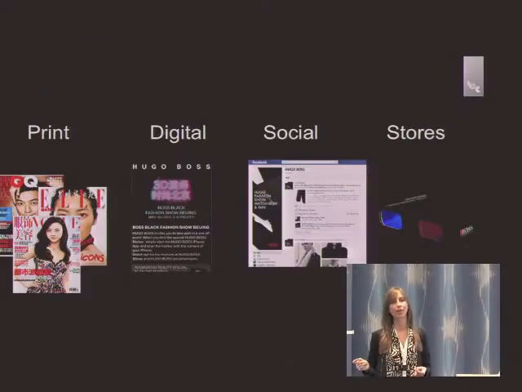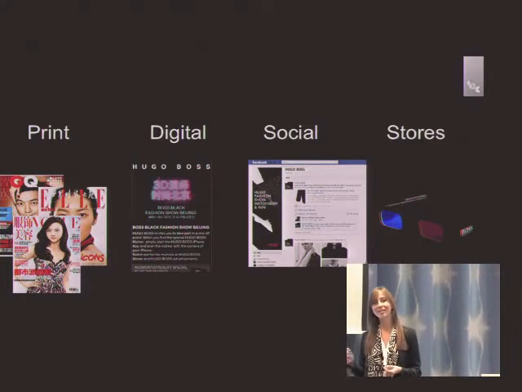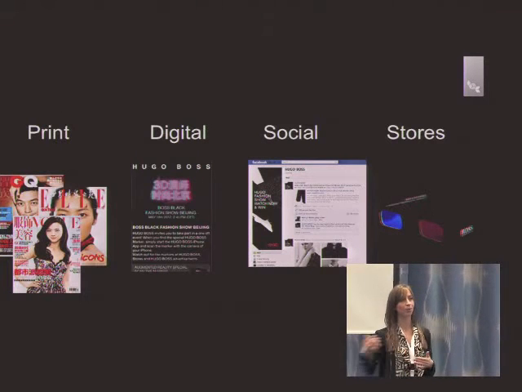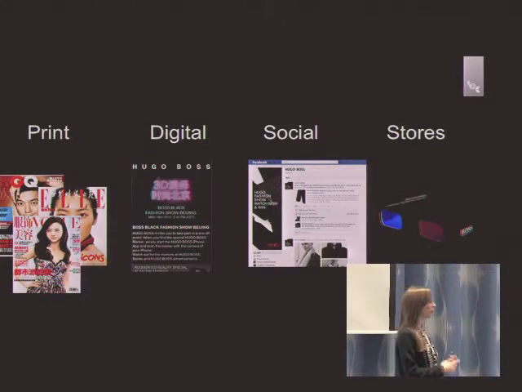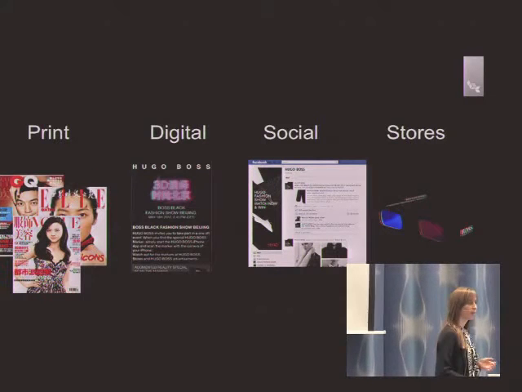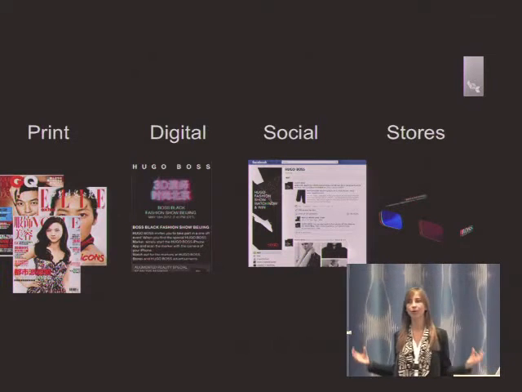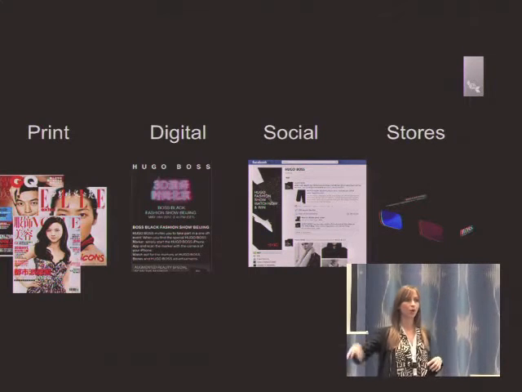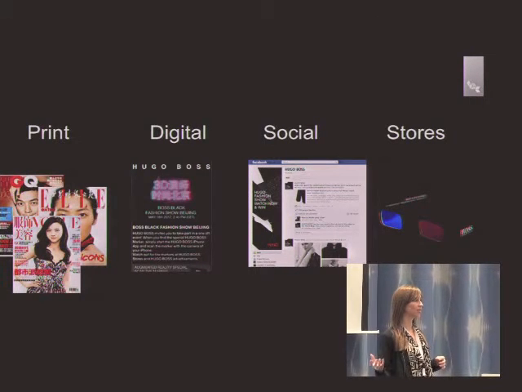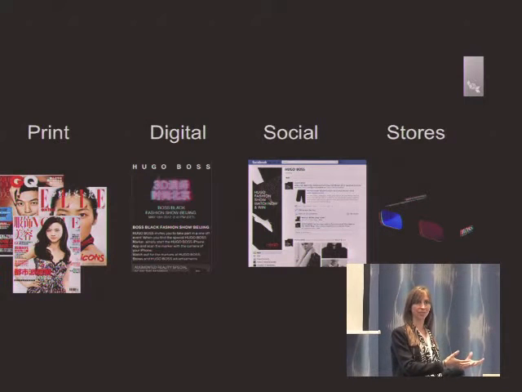So they had Hugo Boss branded 3D glasses that you could go and purchase at their store. They were advertising this through their print and digital campaigns, of course on social media, but the point is that everything allowed their consumers to actually go into the store and purchase these glasses before timing it and watching the event when it streamed live.